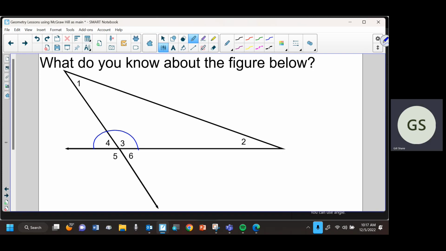You can use the angle measures of 4 and 6 since either one of them is on a line that angle 3 is using, so if you just subtract from 180, you can get the missing angle measure for angle 3.